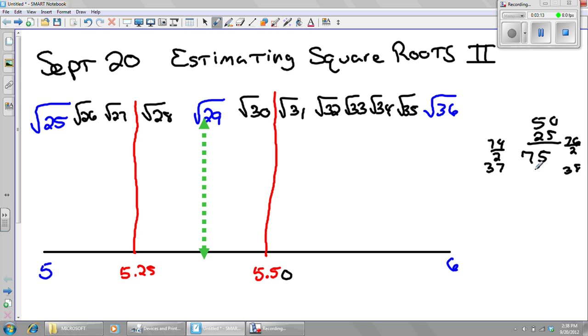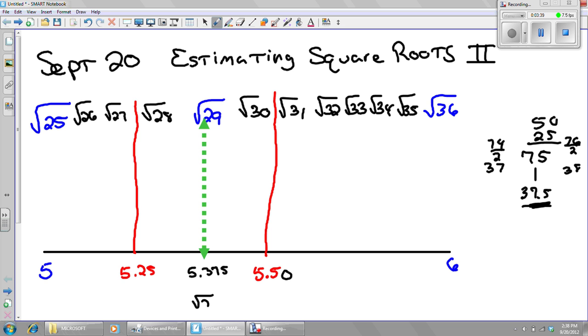So half of 75 must be 37 and a half. All right, so I think this is going to be about 0.5375. See where I got the 375 right there?